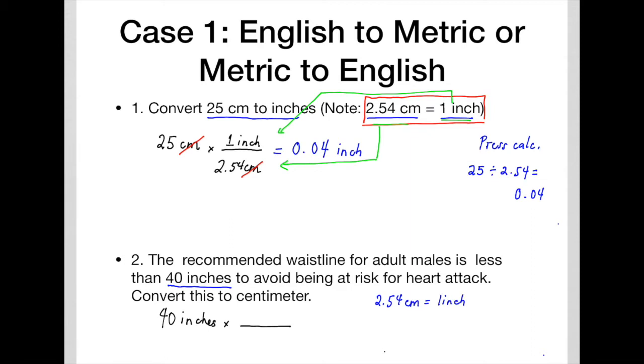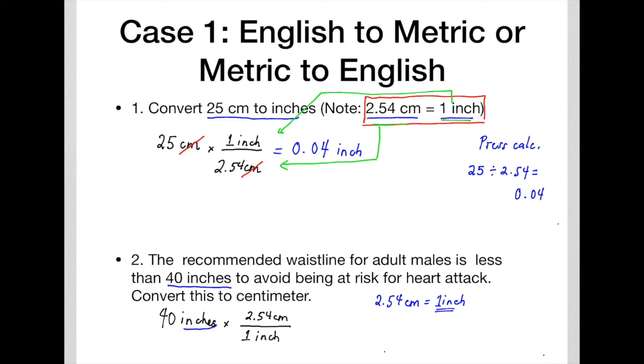So, which dimension will I put on top and which dimension will I put at the bottom? Since my goal here is to cancel this unit inches, I will put this 1 inch at the bottom. So we have here 1 inch, and then I have here 2.54.